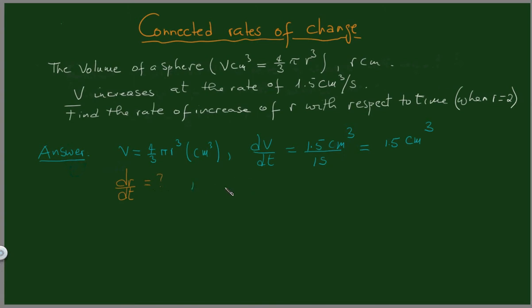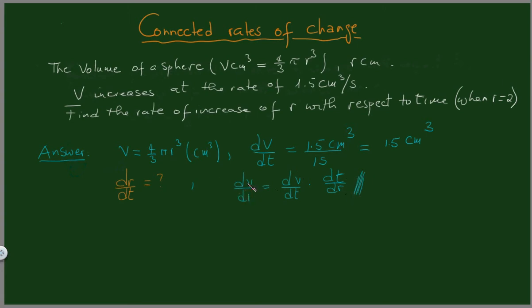Now the general formula in connected rates of change, that we know, is that dV/dr equals dV/dt times dt/dr. That's the general formula when we work with connected rates of change.